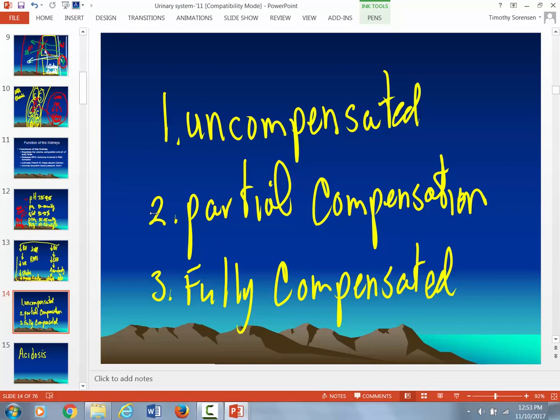I'll give you examples. And then finally, you have a fully compensated situation. In a fully compensated situation, whatever system is causing the pH imbalance, the system that can compensate is moving in the right direction, and the pH is normal.